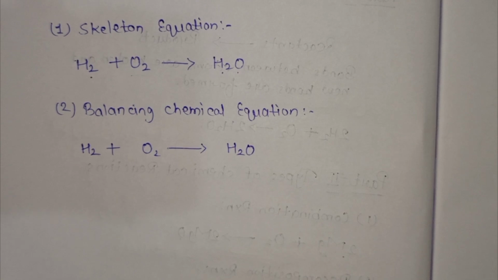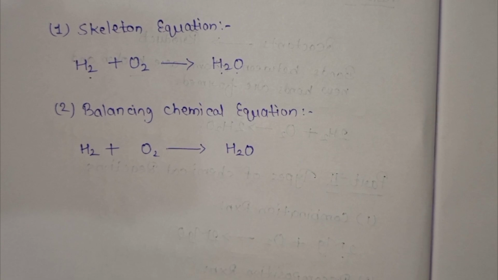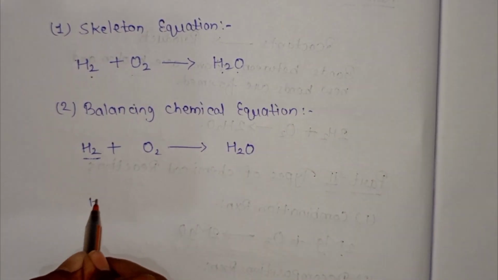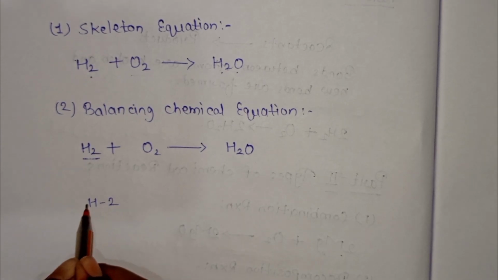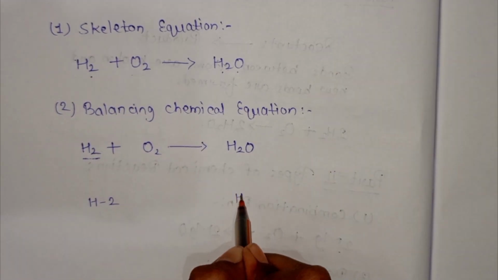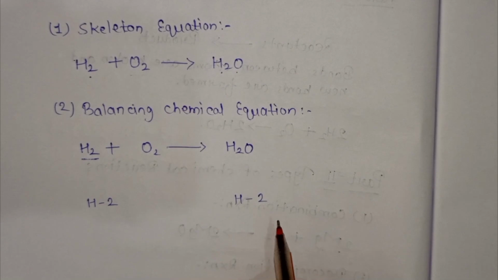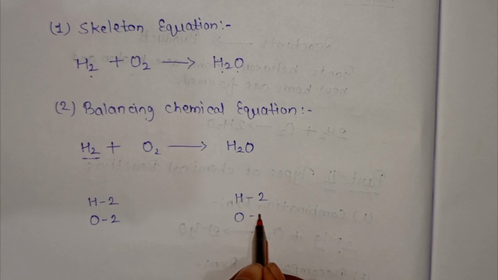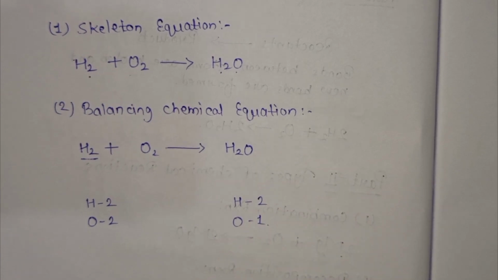First, count the number of atoms of each element on both sides. Hydrogen atoms are two on the reactant side and two on the product side. Oxygen atoms are two on the reactant side, but only one on the product side.